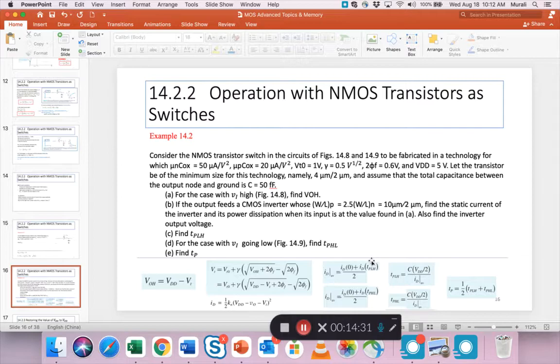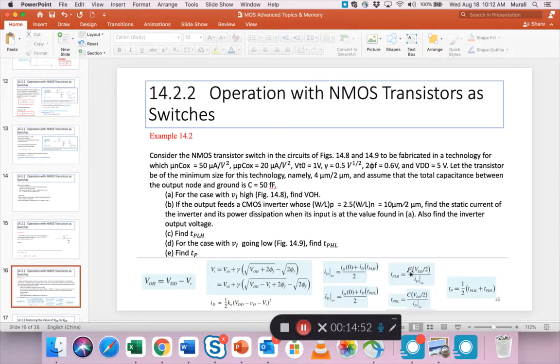Okay. So here are a bunch of formulas that I thought I'll give to you right away. Now let's work backwards. Item 5 says find TP, right? You know TP is the average of TPLH and TPHL, low to high and high to low. How do you find low to high?